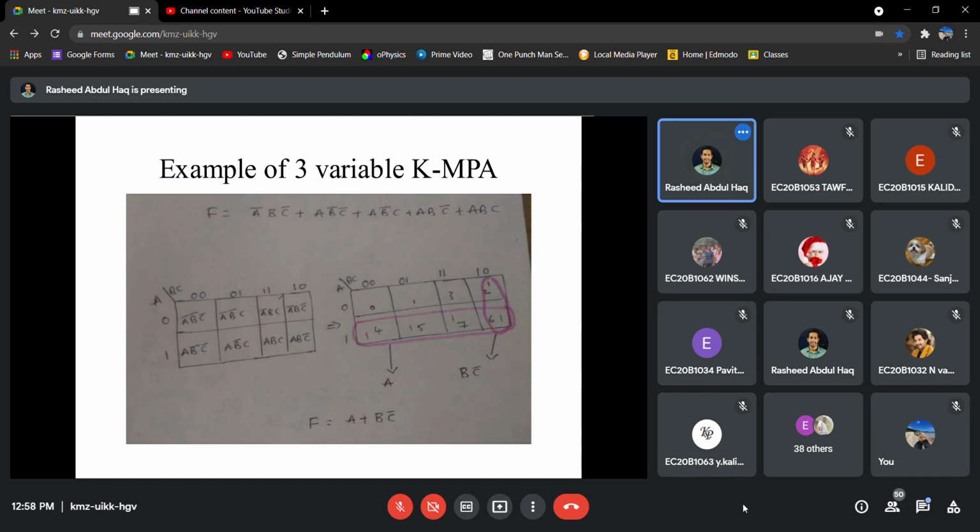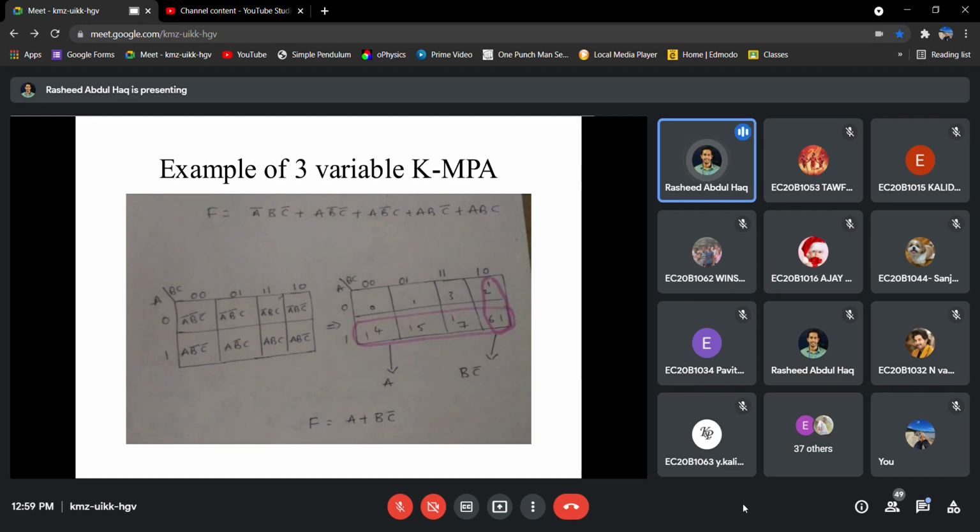Like we are marking all the ones first in the K-map, right? The first one is the position A bar B C bar. That is, value of A is 0, value of B is 1 and value of C is 0. So that is 0, 1, 0, the last column of the first row.